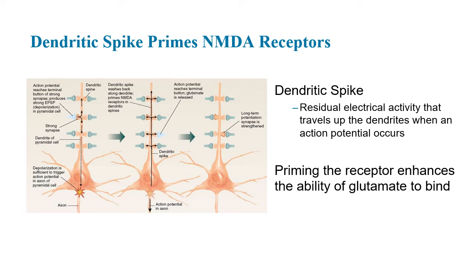You've got the axon body, the axon potential is going down, but you still have that dendritic spike that comes back to the dendrites, depolarizing it and kicking out those magnesium ions, which is then allowing the sodium ion channels to open up and allowing in more sodium into those dendrites.